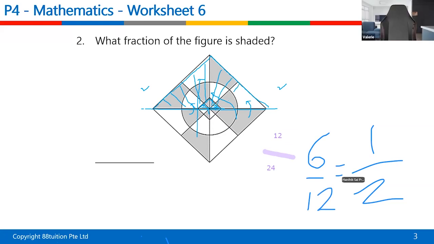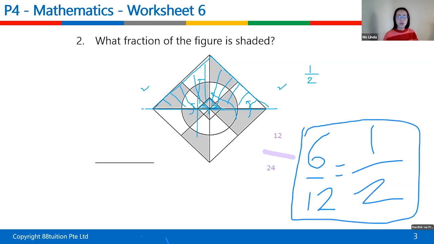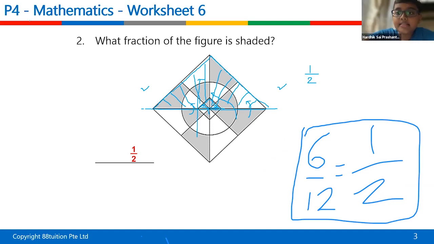So how many is that? There are two big triangles, so the whole shaded part is 1/2. Very good. Or you can get 6 parts over 12. So that's a very easy answer. Understand, Hardik? Let's go on to the next one.